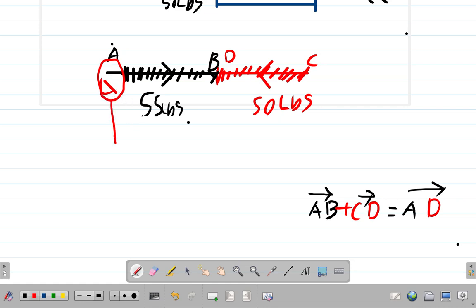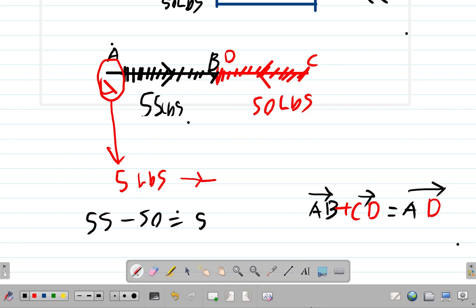That will be left over. How much is it? It will be 5 pounds acting to the right. Because, of course, 55 minus 50 is equal to 5.